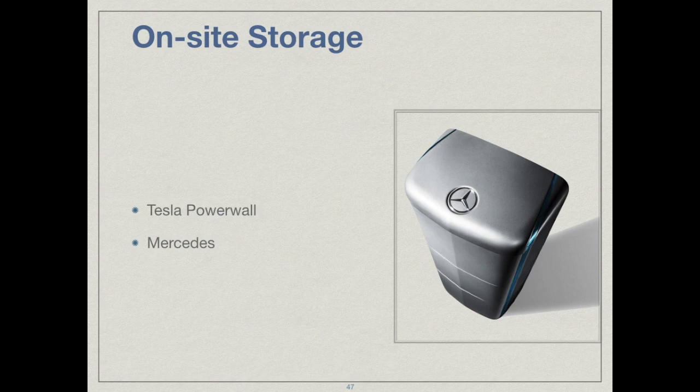In some cases, the net metering policies may not be terribly attractive for the consumer, and in that case, you could consider some kind of on-site battery storage. And most of you are probably familiar with Tesla's Powerwall, but there are at least a dozen other companies that sell electric residential storage batteries. Mercedes, Sonnen are two companies that come to mind.